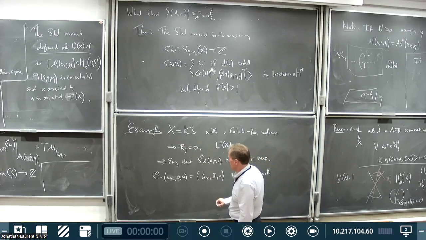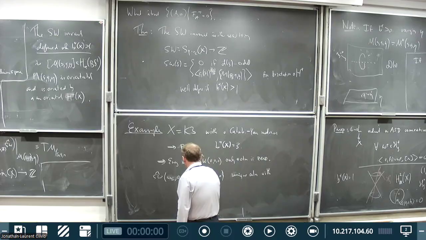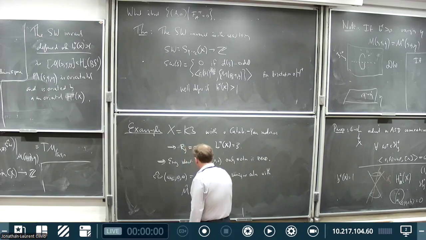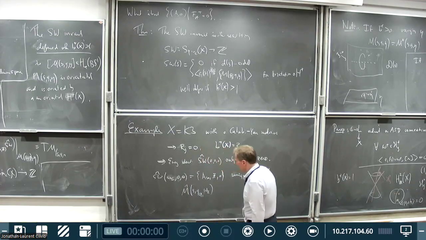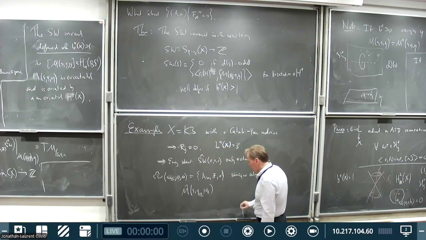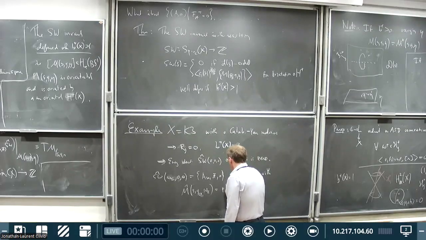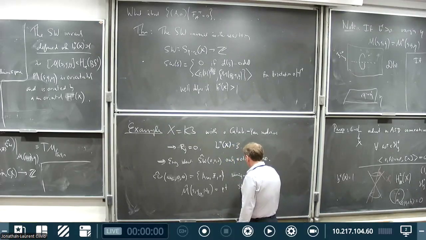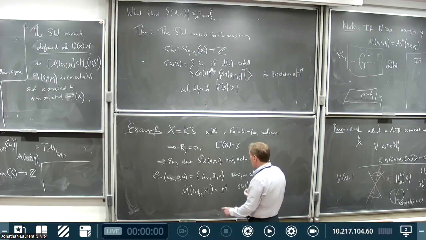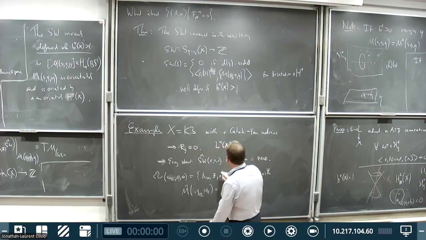So the moduli space for the Calabi metric, for any Calabi metric, and eta being one of the distinguished self-dual harmonic forms, is a point. SW of, sorry, what spin structure? Spin C structure.